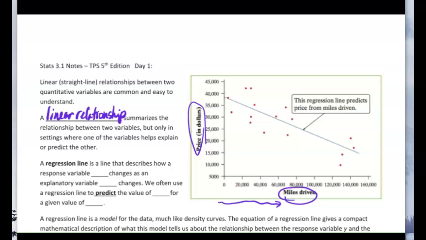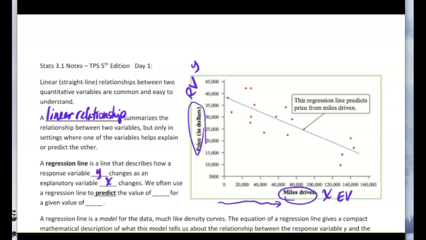So a regression line is a line that describes how the response variable, so remember this side is response variable, so that is the y, changes as an explanatory variable, that's this one, as x changes. And another way we say this is explanatory variable, and we say this is response variable. So any of those words are interchangeable on that line.